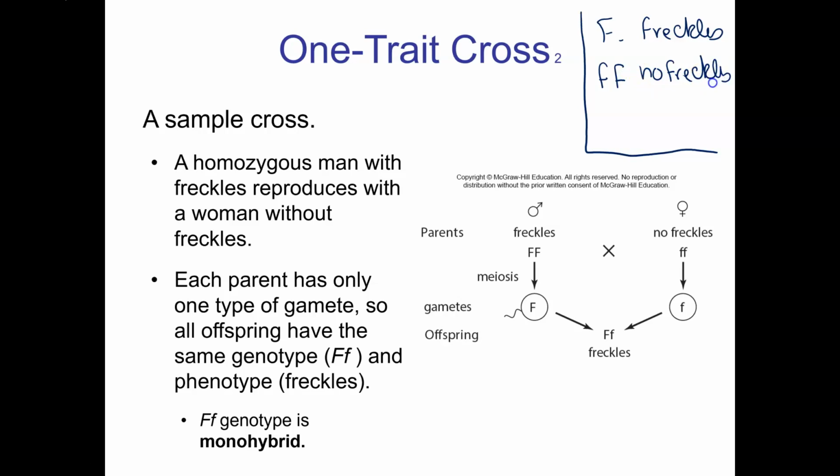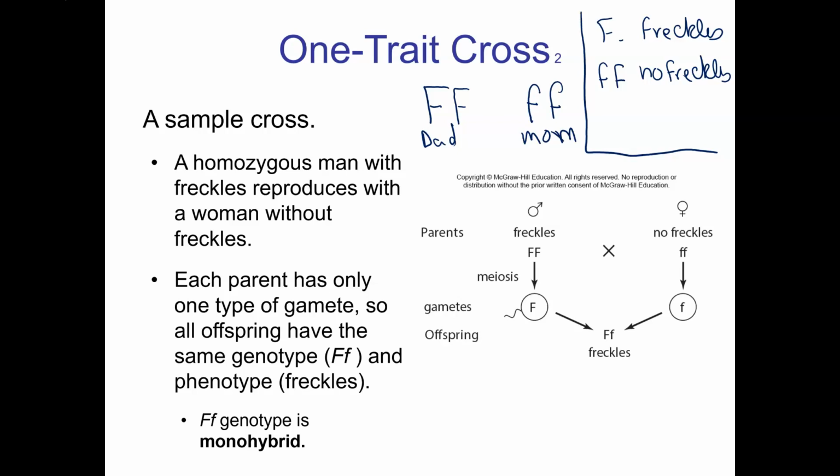We have a homozygous man with freckles. What does that tell you? He has two of the same alleles, and they have to be big F, because he has freckles. He reproduces with a woman that has no freckles. If you have no freckles, you have to be homozygous recessive. So there's your dad, and there's your mom. That's that first step, okay?